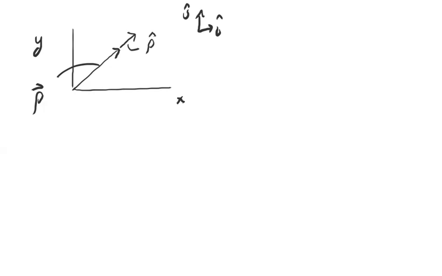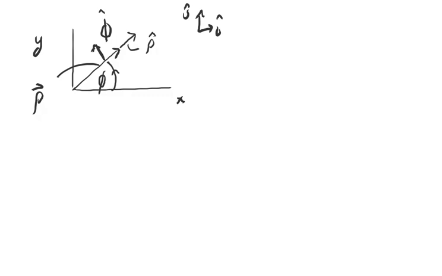Now, I just said that there's an angle phi that you define in a plane polar coordinate system. And I also said that phi, being an angle, is also a vector, so it has a magnitude and it has a direction. So the unit vector, phi hat, is simply given by this. It's the direction that this angle moves at this point.